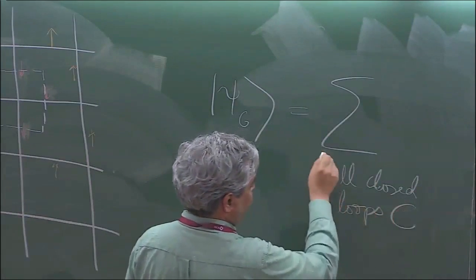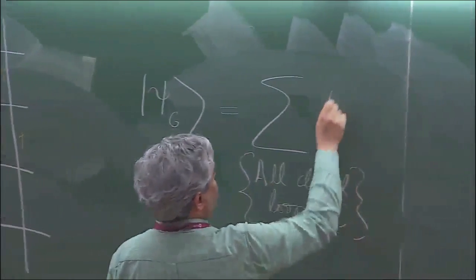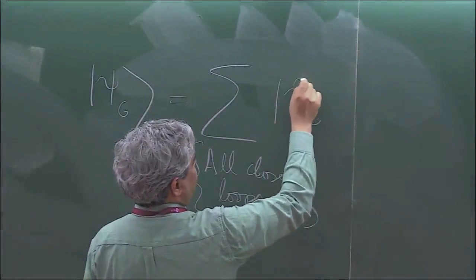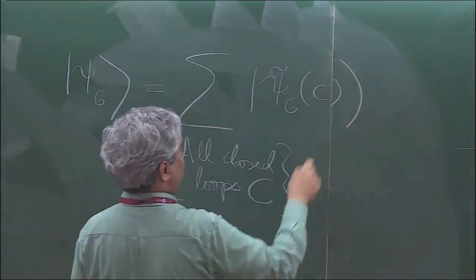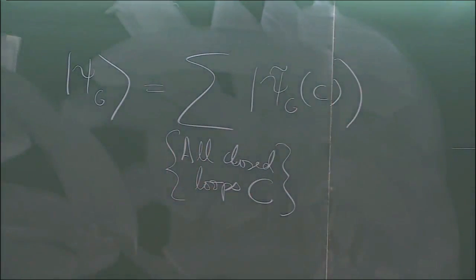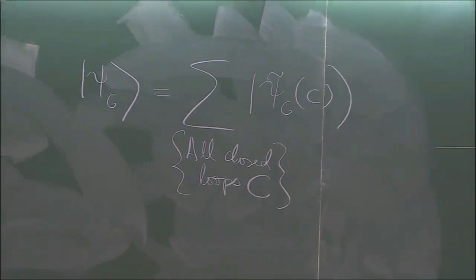So the sum over the set of all closed loops, and then for each set of closed loops, I have a state psi tilde of C. So you give me a set of closed loops that you draw on the lattice, and I have to sum over all of them.